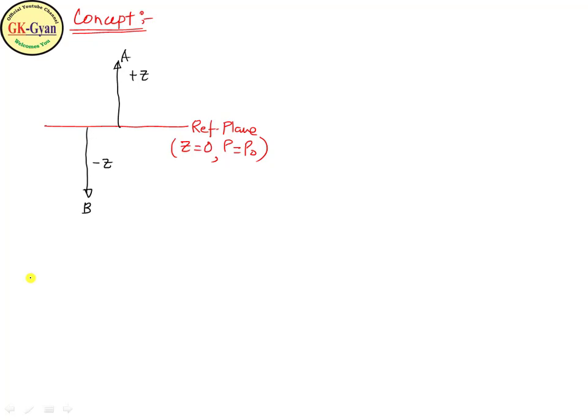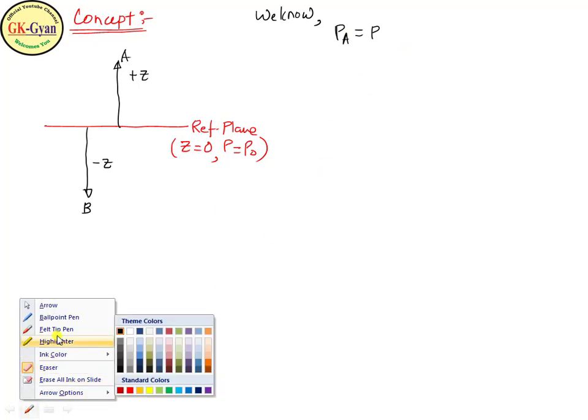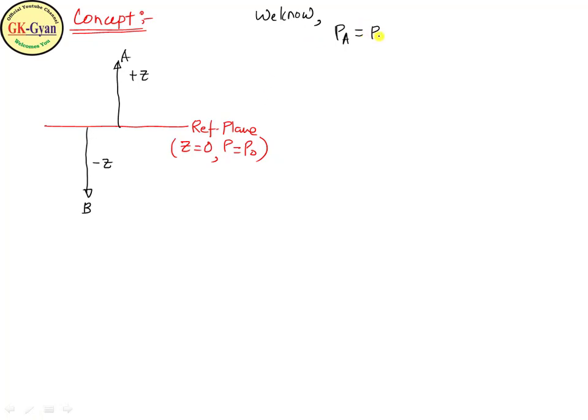So we know in this case PA equal to P0 minus rho GZ, and PB equal to P0 plus rho GZ.